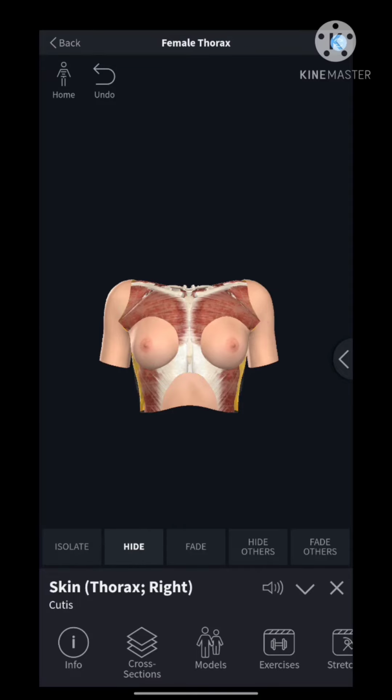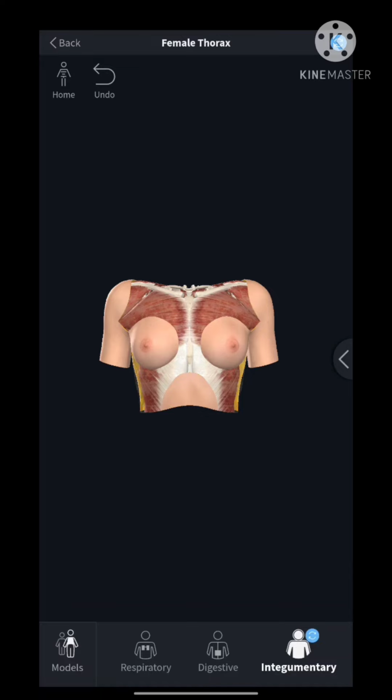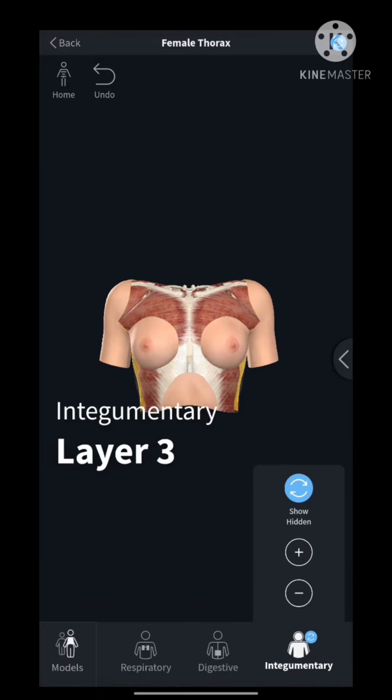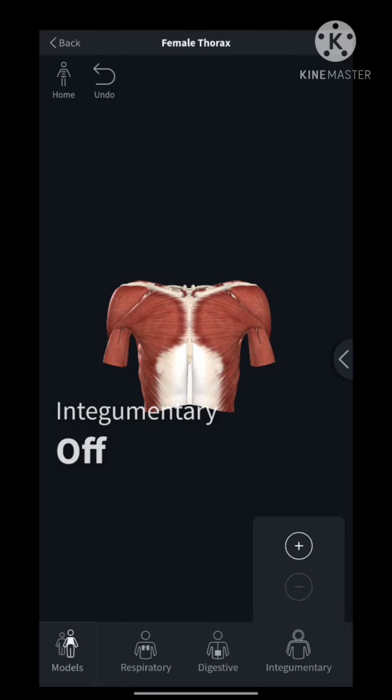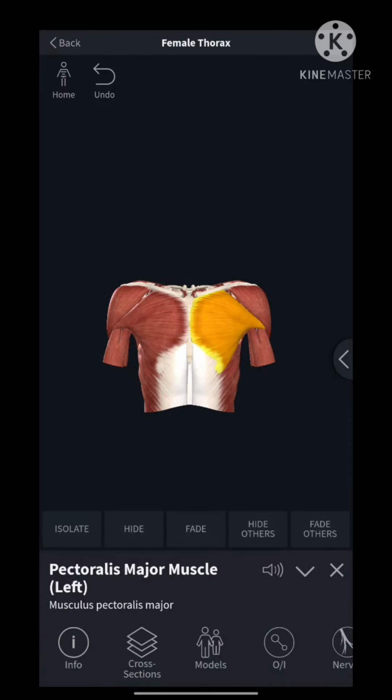And now, the first thing we are seeing here, below the mammary gland, is the pectoralis major muscle. You are seeing a very important muscle, the pectoralis major muscle, over here. The pectoralis major is one of the strongest muscles present in our body, because upon it the female has its mammary gland.